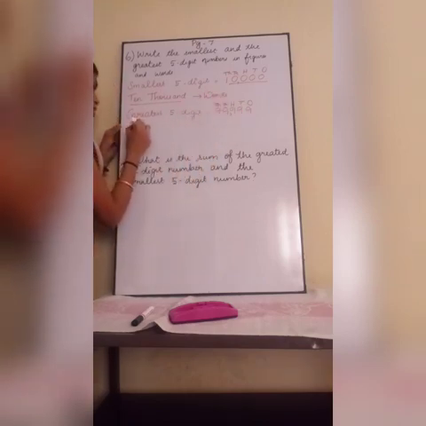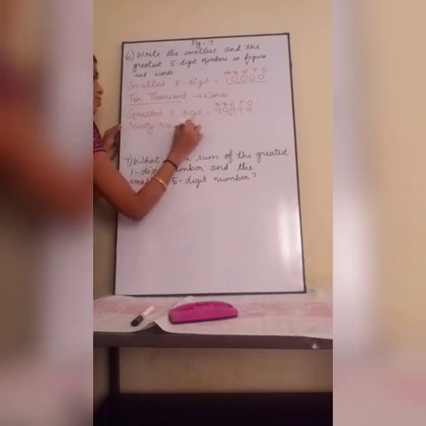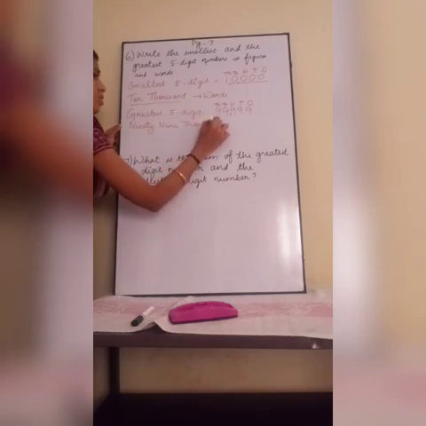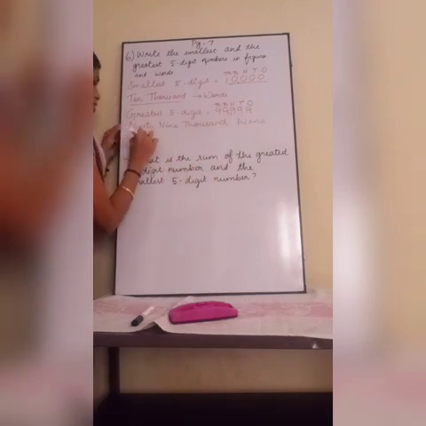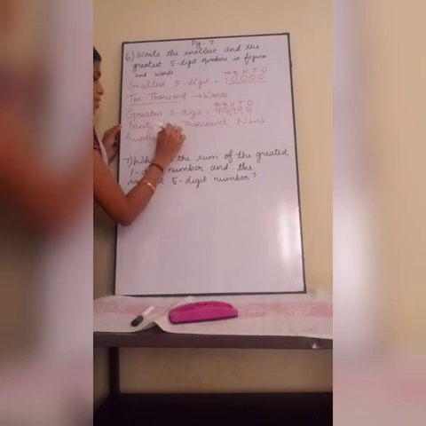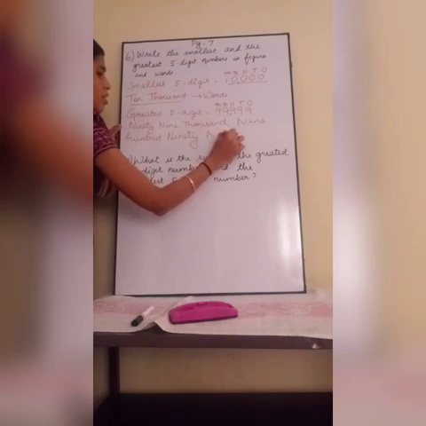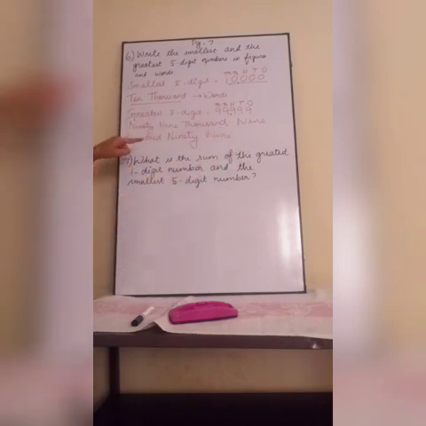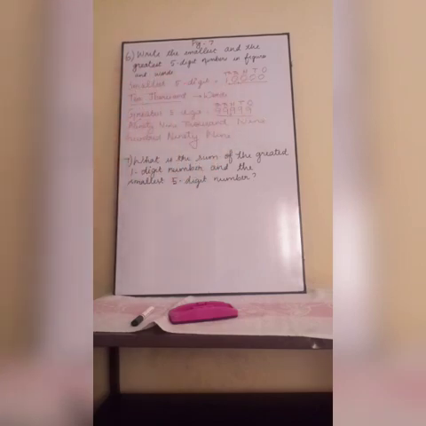Now 99,999 in words is ninety-nine thousand nine hundred ninety-nine. This is how you should write in number names. Understood? First we write the smallest and greatest 5-digit numbers and their names. This is your sixth question.